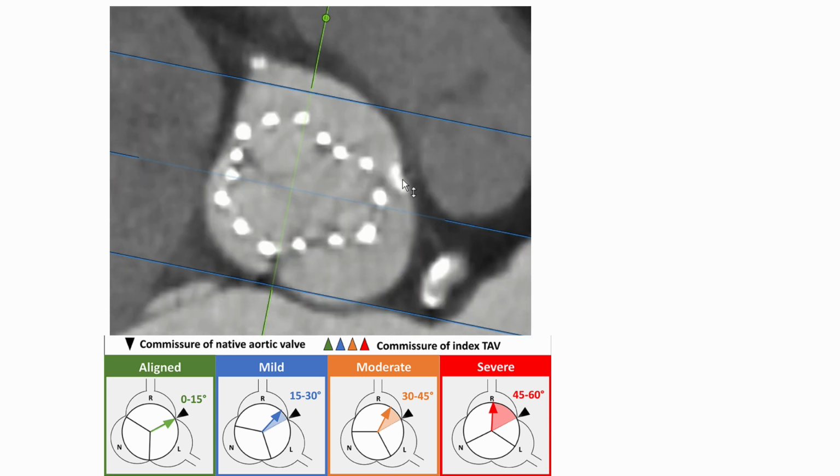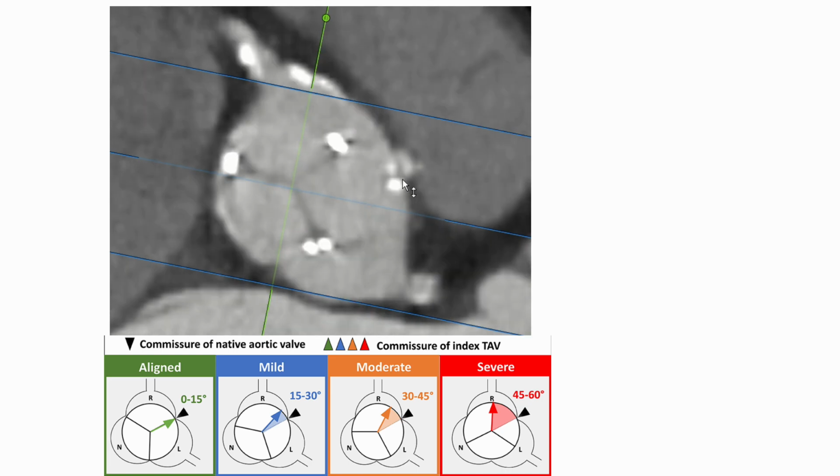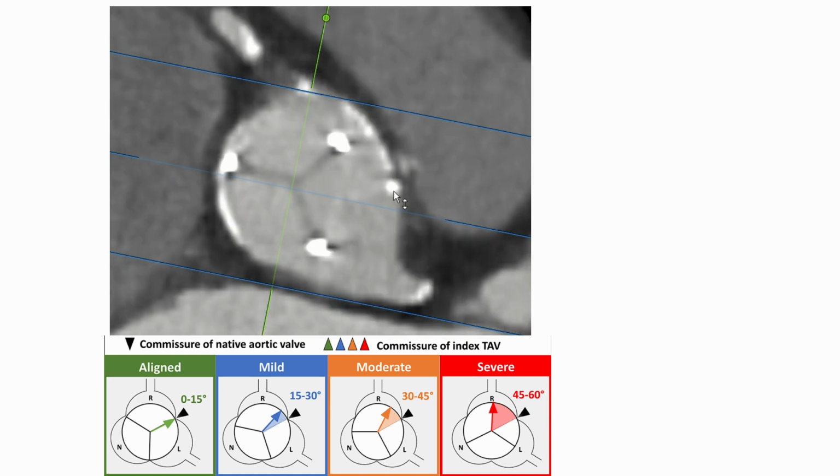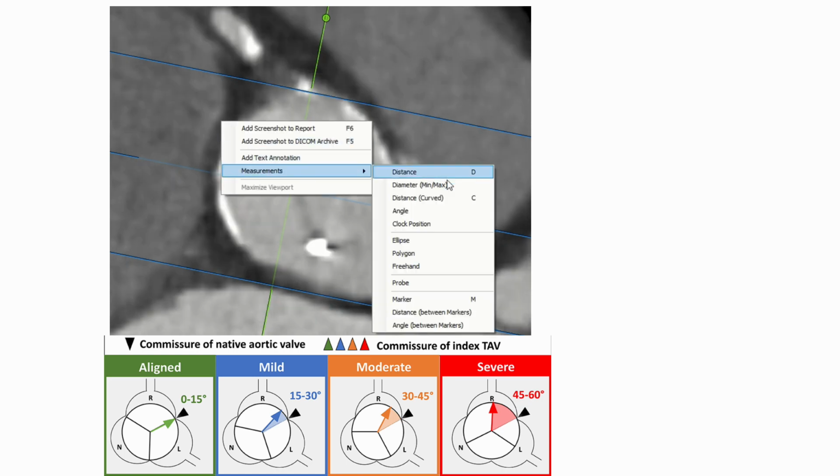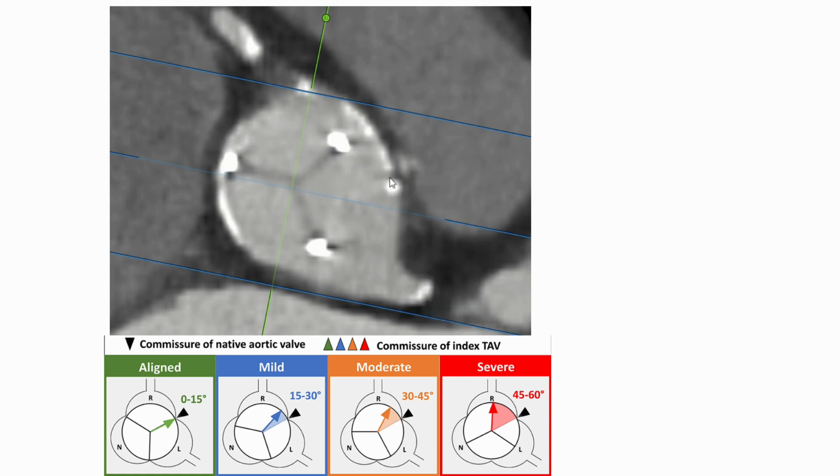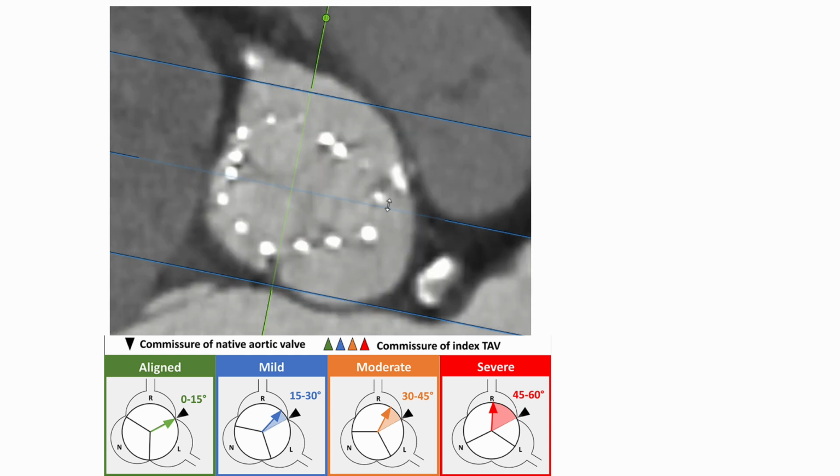The commissure offset is directly measured using an angle tool with the limb aligned with the native commissure of the RCC and LCC and the THV commissure. In this case, the angle is 36 degrees.